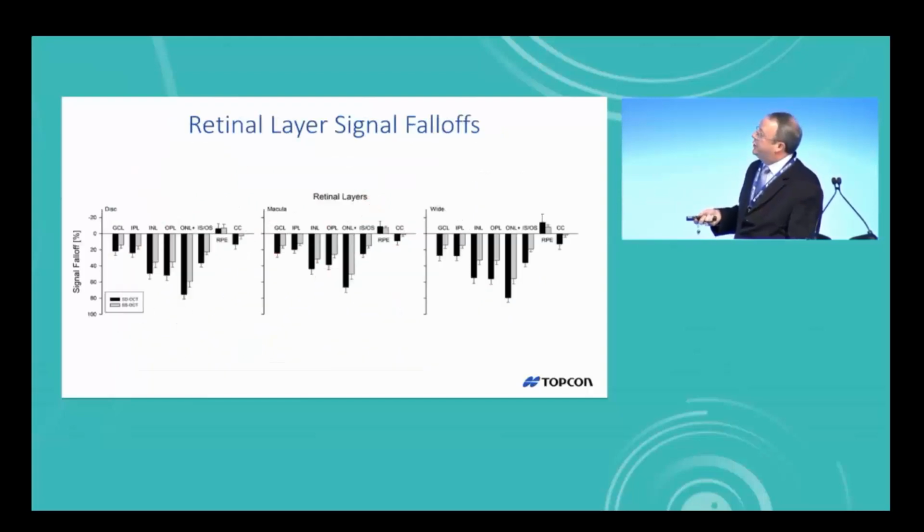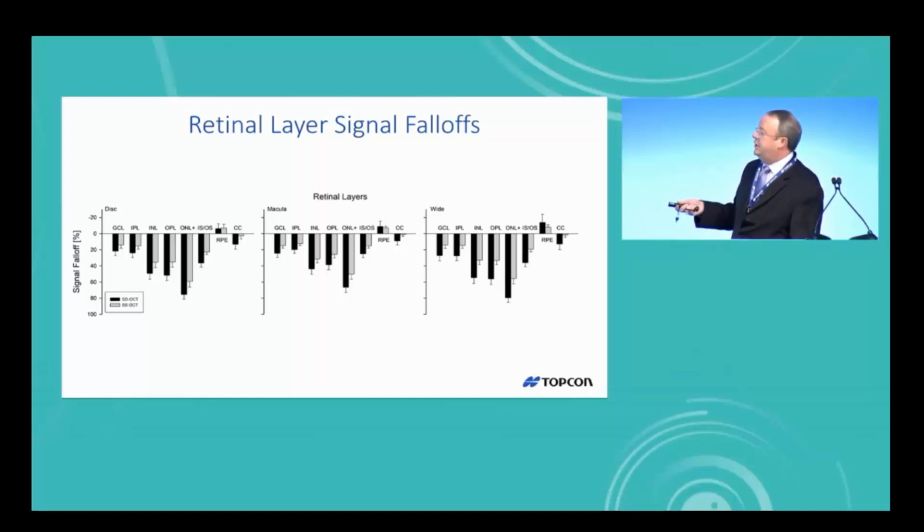So we looked at one other measurement that we are calling signal fall-offs, and these are the trend of the results relative to the RNFL signal strengths. And so we see that there are all the retinal layers other than the RNFL.